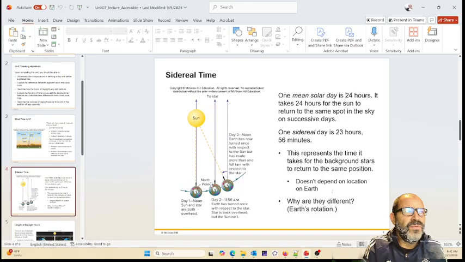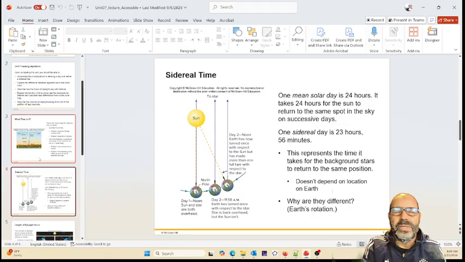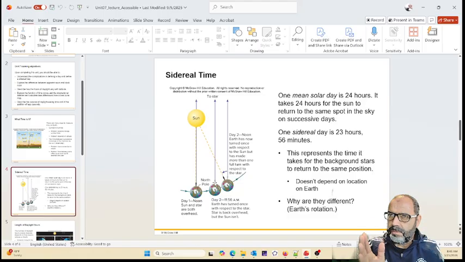When the Earth makes a full circle around its own axis, and it moved around the sun, the other stars don't care. They're too far away for our motion around the sun to be of any significance. So by that time, that is a full rotation.